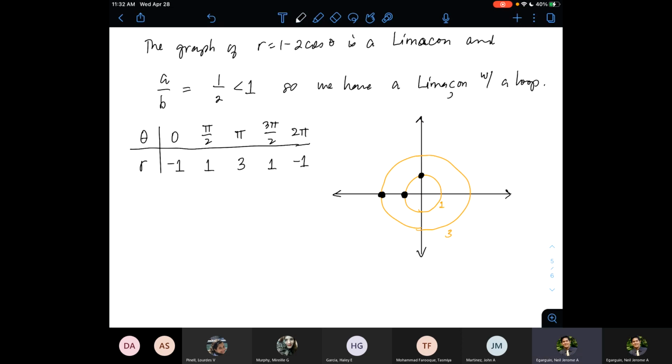And then when theta is 3 pi over 2, so I am at this direction, I will plot 1 unit along this ray. So 1 unit, I'll go in the smaller circle. And when theta is equal to 2 pi, I'll get back here, right? But I know that I'm expecting a limaçon with a loop. So basically, this will look like this. So you'll start here.